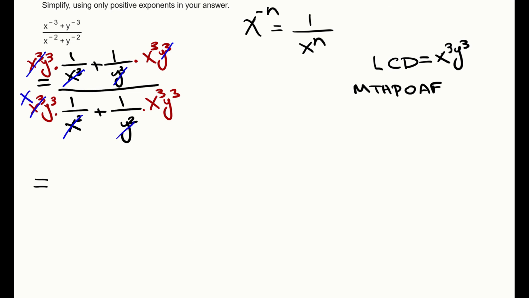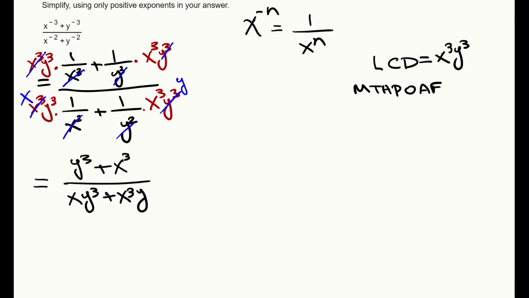In the next term, y squared and y cubed cancel out as well, and they leave us a y on the top. So now on the top we're left with y cubed plus x cubed, over, downstairs, x y cubed plus x cubed y.